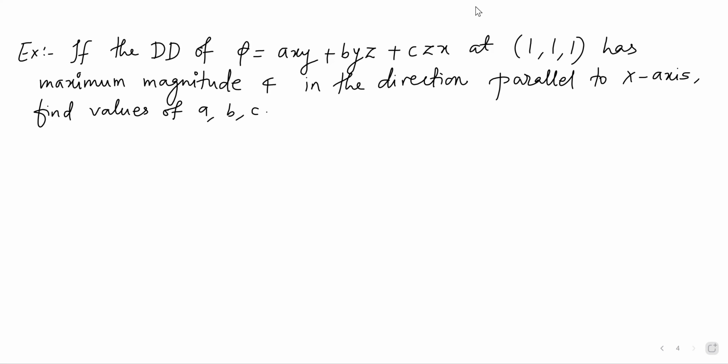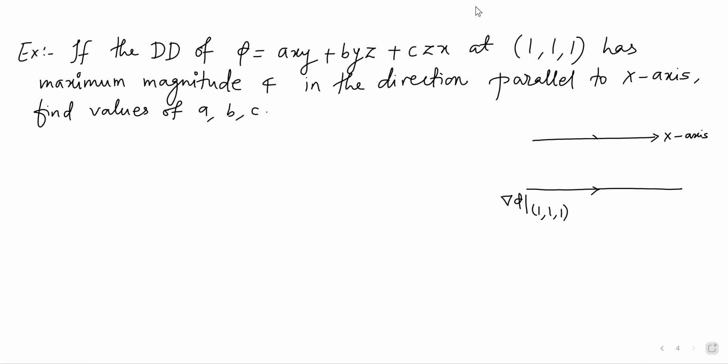Suppose this is your x-axis, and here this is our line. So this is your del phi at the point 111. Now these two lines are parallel. How do you write this? It is something like k times something, correct?